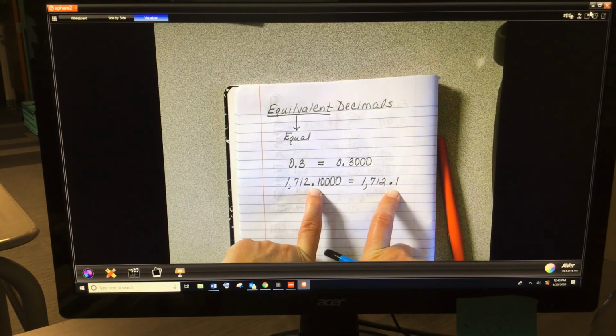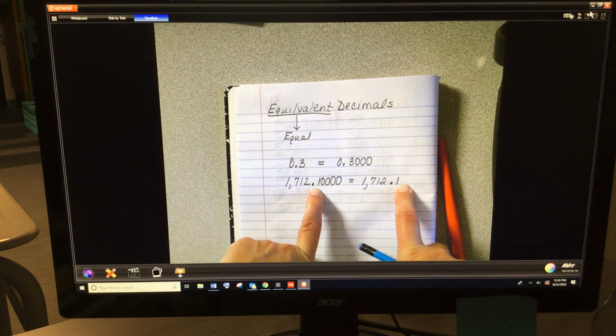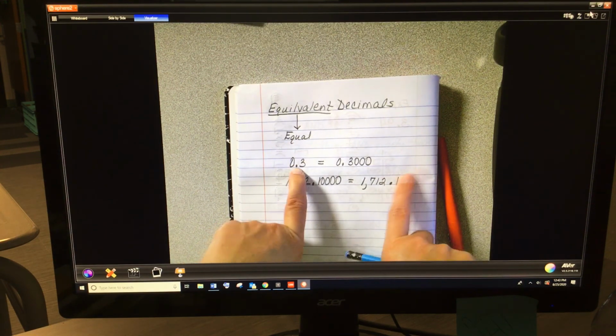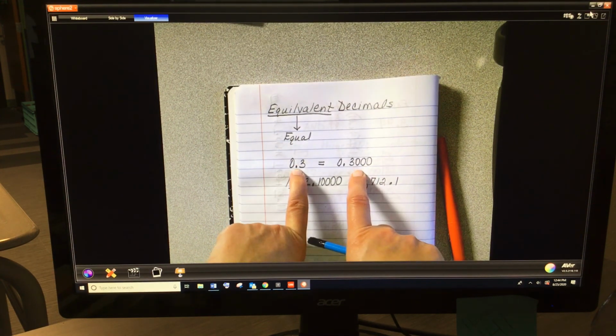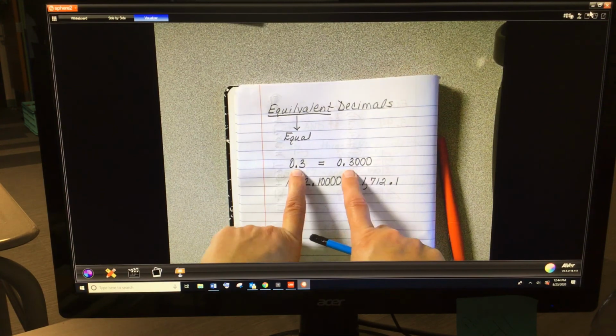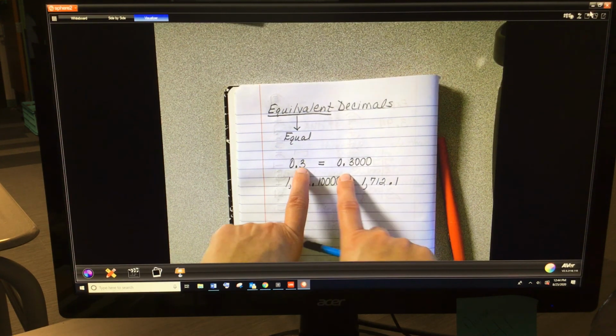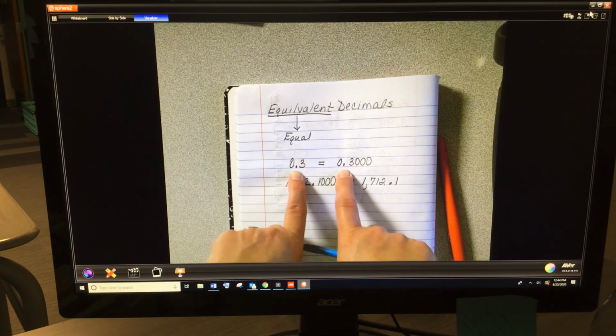Okay? So we could add 100 zeros behind this one, and it would still equal this one. I could add 1,000,000 zeros behind my 3 here, and it would still be equal to this. So when we have all these zeros at the end, they're not changing its true value, that it is 0.3 or 3/10.